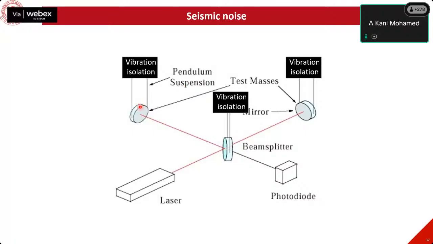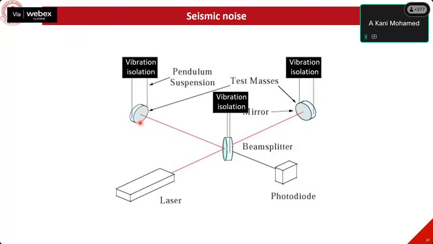These are completely isolated from the ground. It has many mechanical elements that damp even tiny vibrations, well below 10 to the power minus 20 meter per square root of hertz, using vibrational isolation techniques.